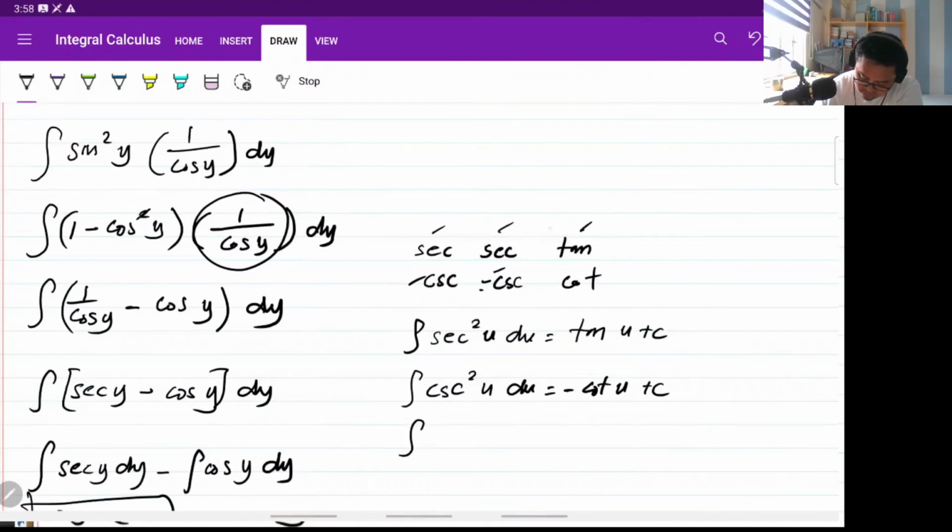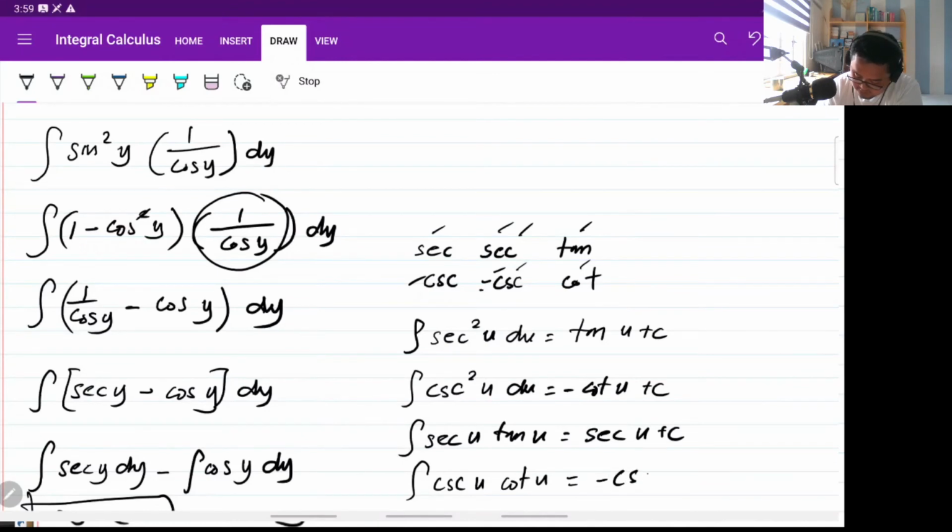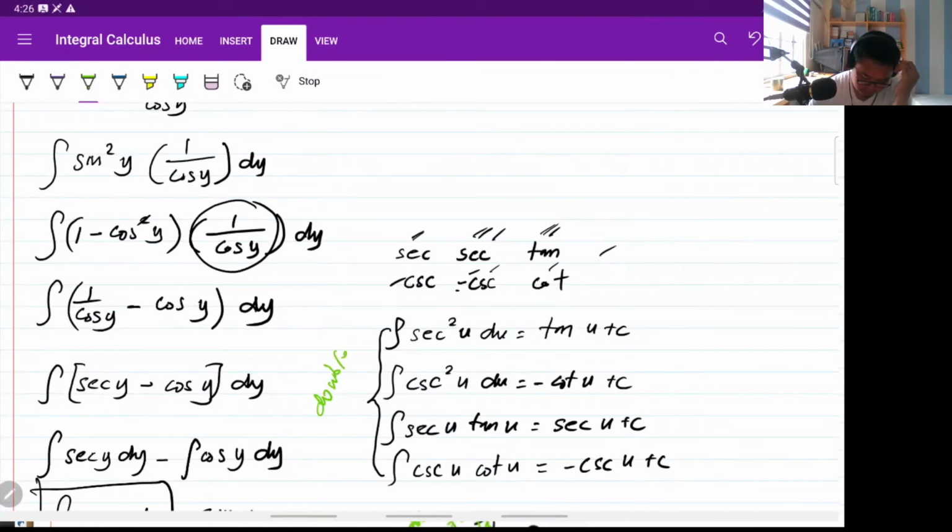The third one is secant u tangent u, which equals secant u plus c. And the fourth one is cosecant u cotangent u, which equals negative cosecant u plus c. This is for the double function formulas.